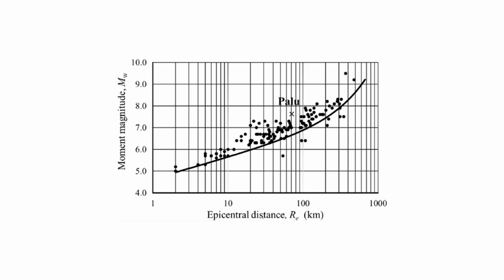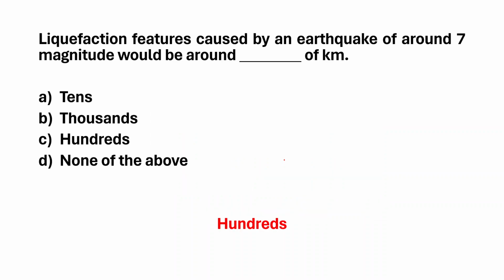So from the epicenter, how much it can spread. If you look at the 7 magnitude earthquake and just extend it, you can see almost hundreds of kilometers of epicentral distance. That is the maximum we are talking about. At least that much distance the liquefaction features can cover, or they can spread around.